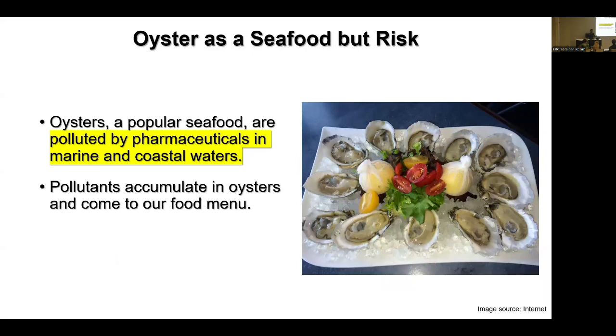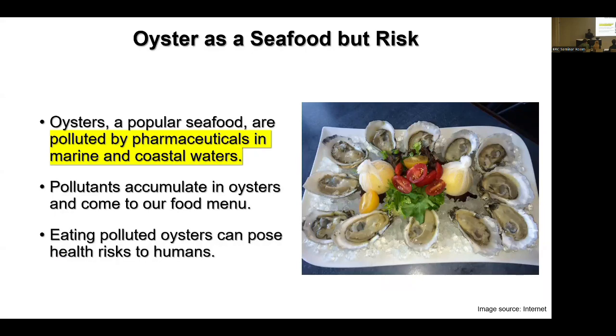Oyster is a very common food, and if oysters get polluted, ultimately it comes to our food menu, as a dish of oyster. So if the oyster is polluted, ultimately we get the harmful effects of the chemicals.